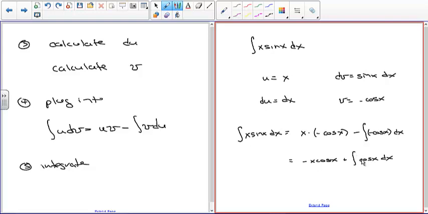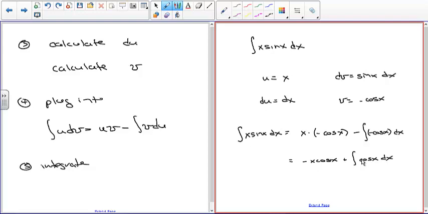Okay, so that's after you've plugged it in there and simplified. So u is x, v is negative cosine of x. I just moved the negative sign out in front. And then here you have negative, because that's negative over here. And then you plug in v, which is negative cosine of x, times du, which is just dx in this case.